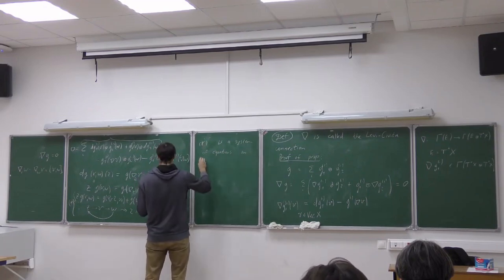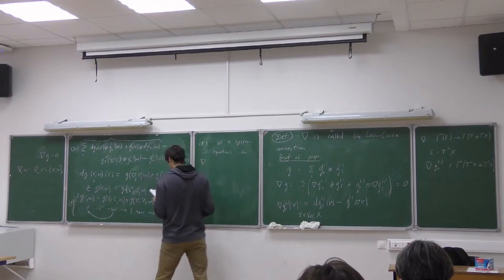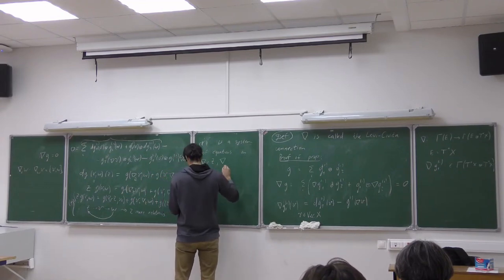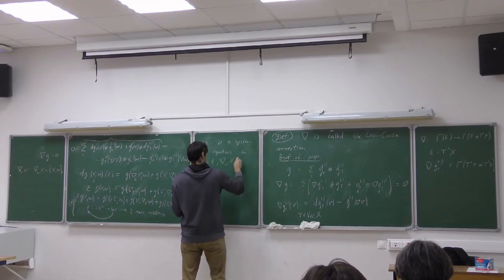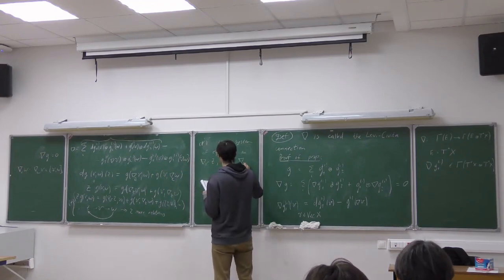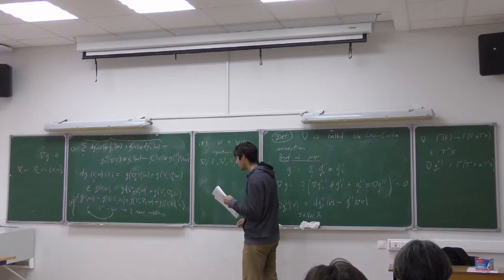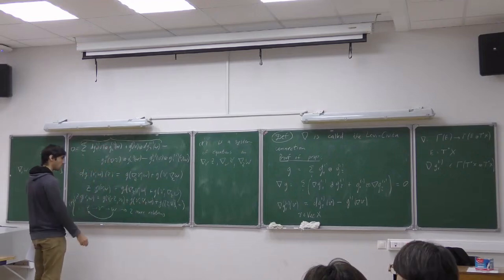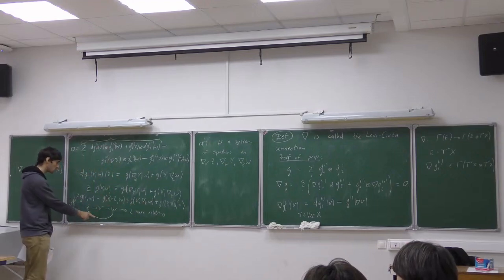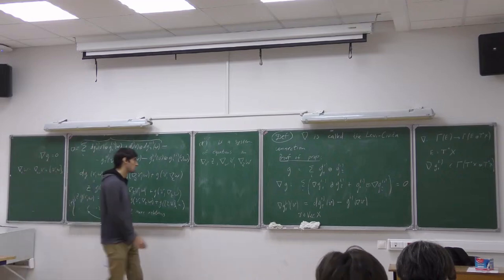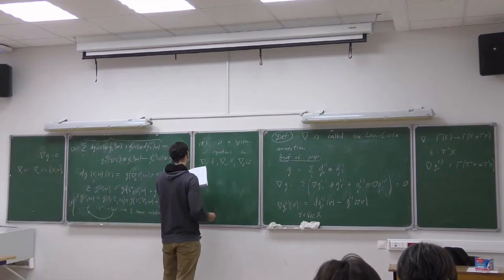So nabla v z, nabla w v, and the third one, nabla z w. Right? And so I have three equations with three unknowns. I can eliminate two of them. And so I will get something like this.